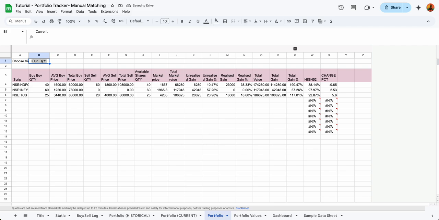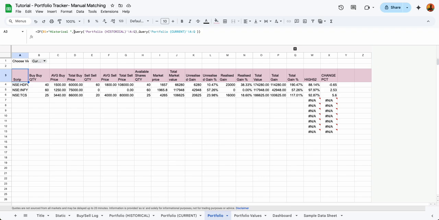The way to implement this is you just create a cell with some data validation, have two input variables in here. If one, go to the historical sheet and pull all the values from there, otherwise pull it from the portfolio current value. That is being implemented in here. Basis the cell value of B1, I query for all the data from column A to column Q from these two sheets.